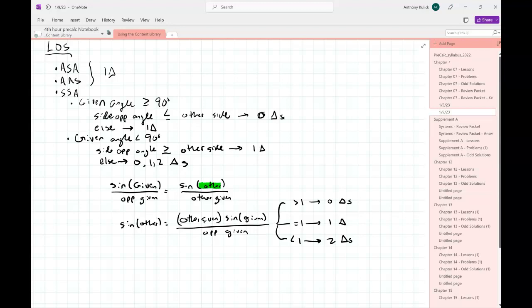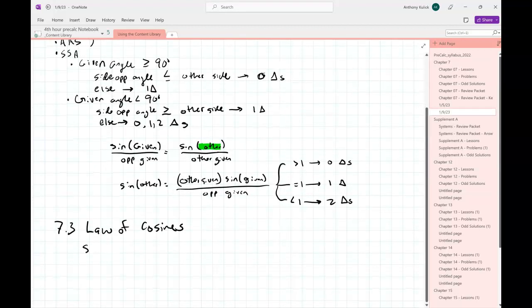Today, we're going to be talking about the law of cosines. And if you remember from last time, we said that there's 2 situations we'd use the law of cosines: side-angle-side and side-side-side.